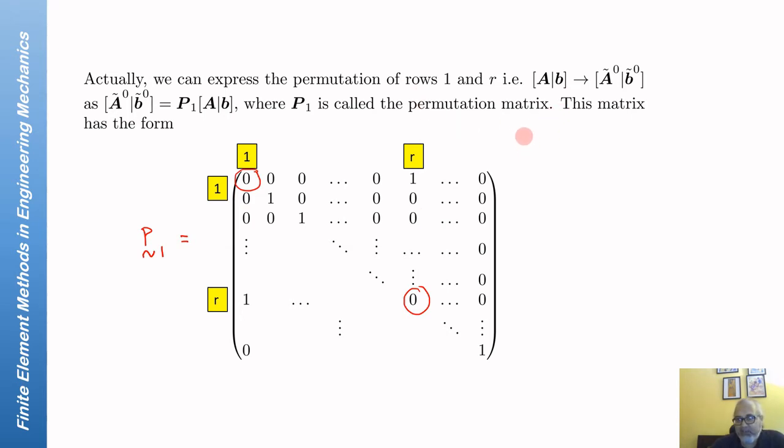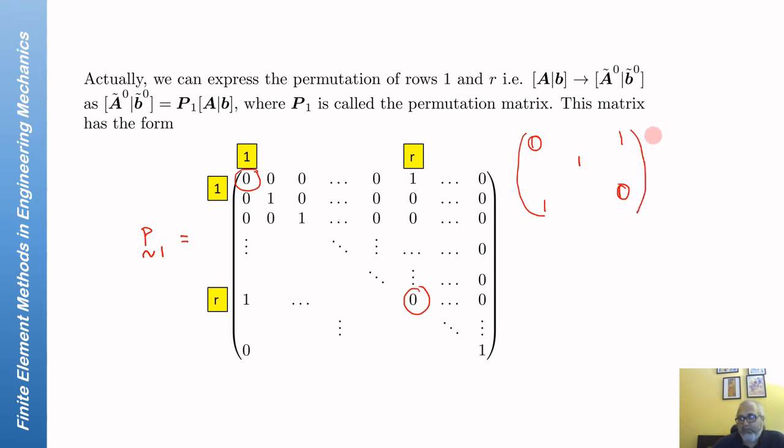Let's see how that works. So let's take a small example. Suppose I want to swap rows 1 and 3 in a 3 cross 3 system. So I have ones everywhere. I am going to swap 1 and 3, so I'm going to set this 0, this 0. This will be 1, 1 3 will be 1, 3 1 will be 1.